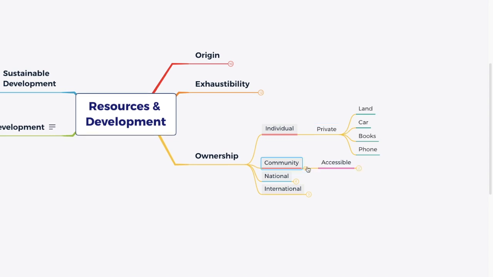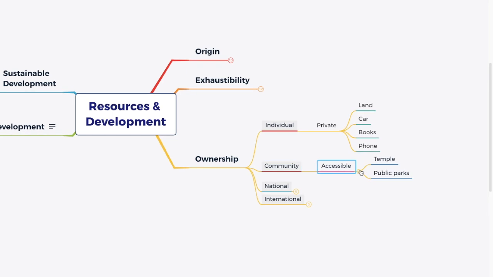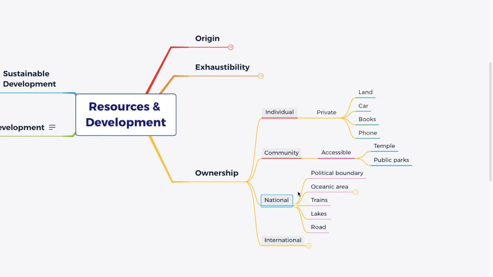Community, resources which can be accessed by your community. Example, you can have temples, churches, mosques, etc. At the same time, you have public parks. When it comes to nation, it has political boundaries.